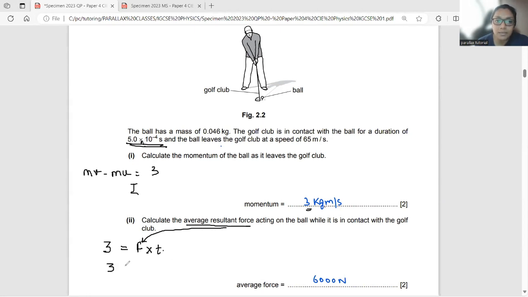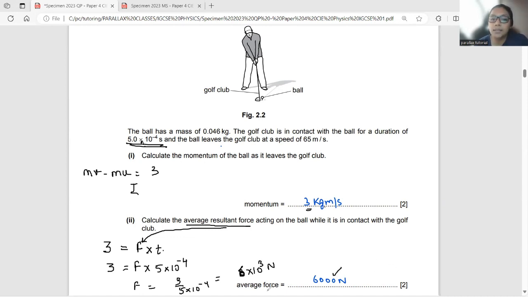That means 3 is equal to force into 5 into 10 to the power minus 4. So F becomes 3 by 5 into 10 to the power minus 4, which is 6 into 10 to the power 3 newtons, which is 6,000 newtons, right?